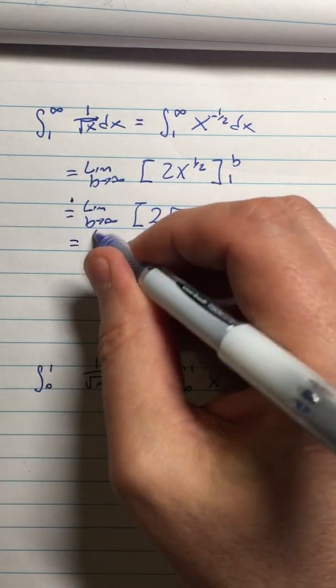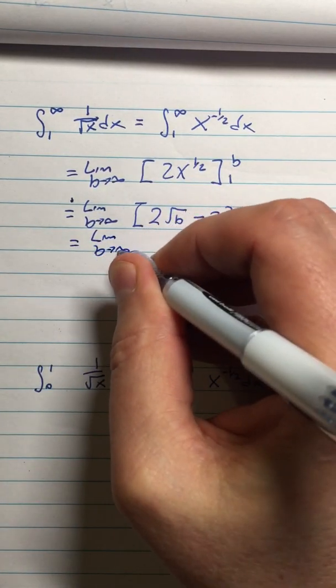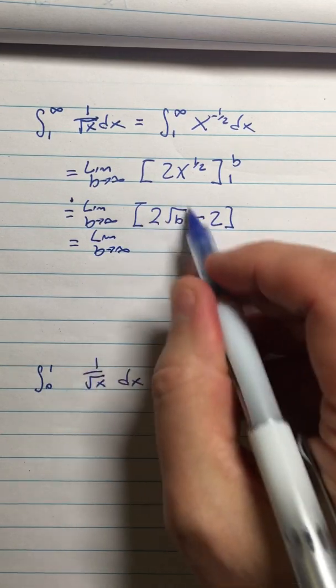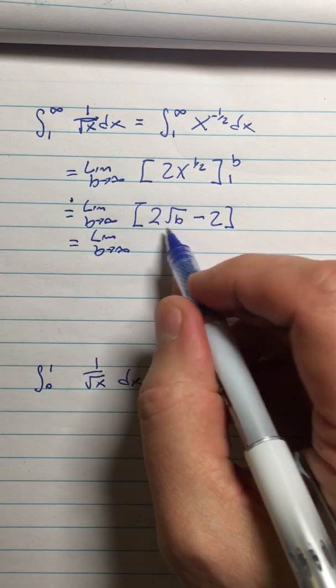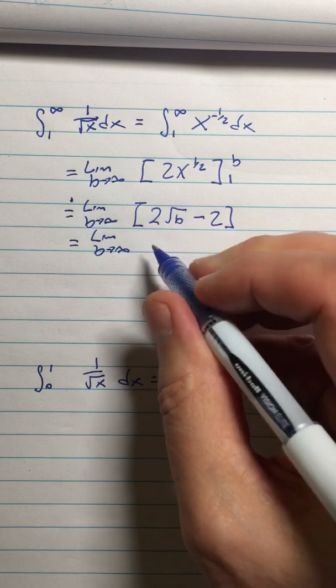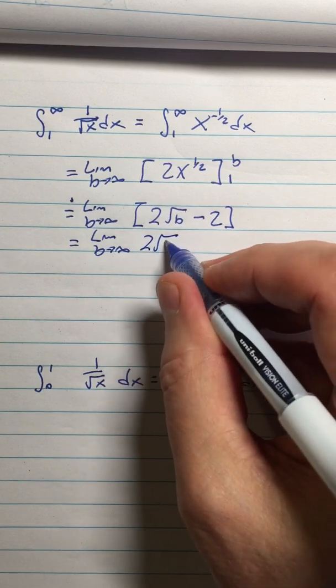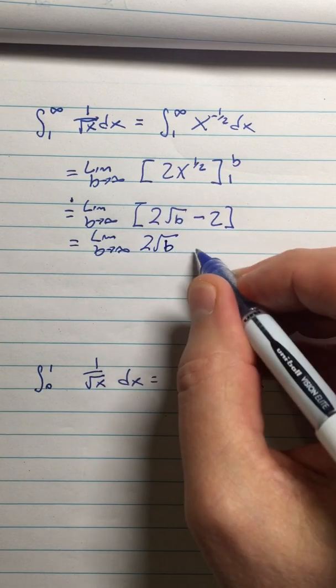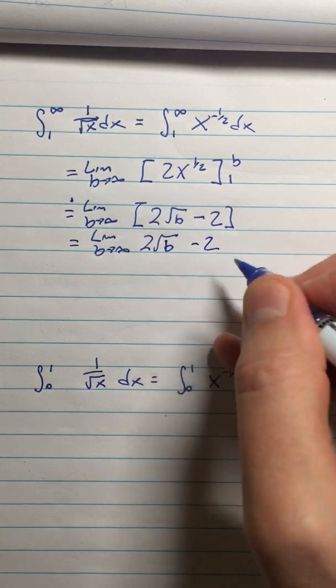So we're getting the idea that the limit only affects the part of the antiderivative that has the variable in it. So the limit is b approaches infinity of 2 square root b minus 2.